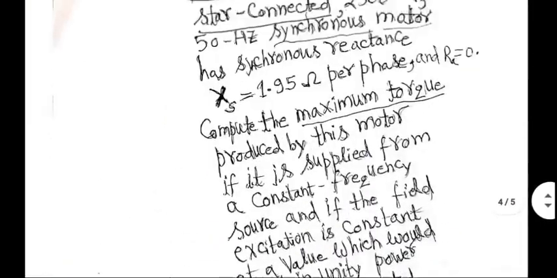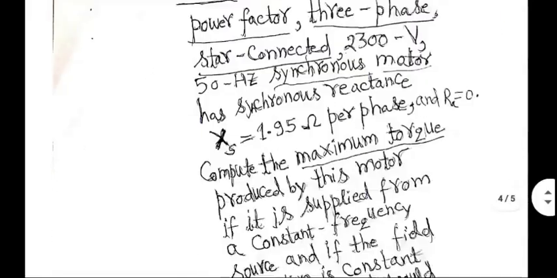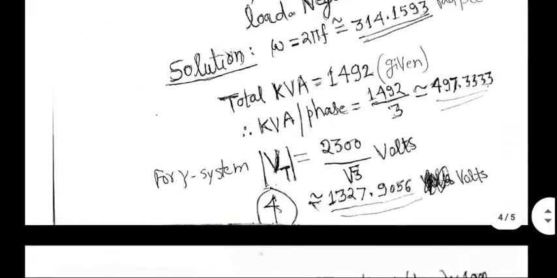It's a star-connected motor. So terminal voltage will be 1 upon square root of 3 multiplied by the line voltage, which is 2300 volts. Yeah, right here. 1327.9056 volts. My calculations are too accurate actually. You don't have to do 4 digits. 2 digits should be enough.